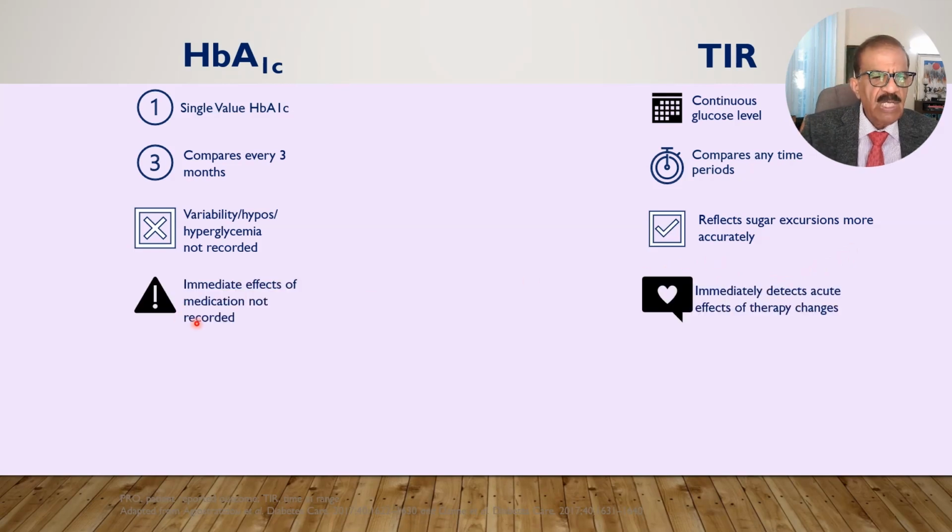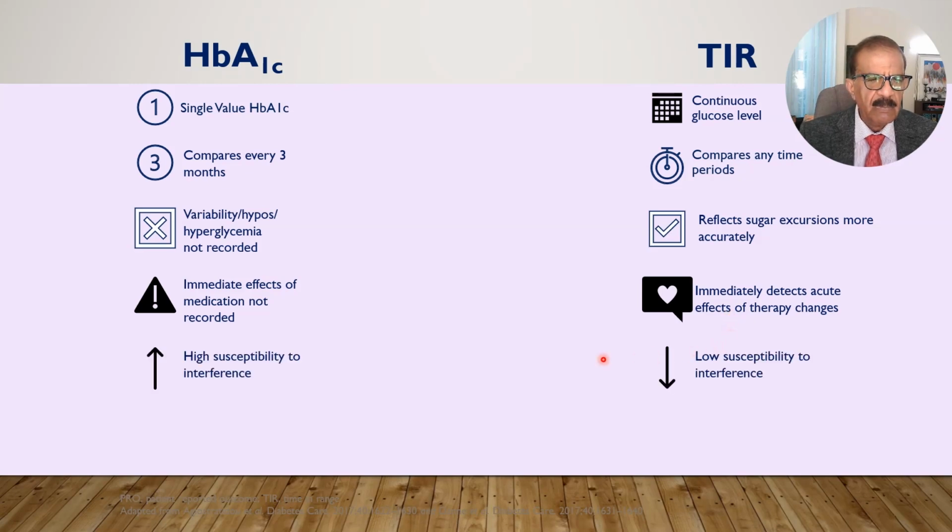The immediate effect of medication is not recorded by HbA1c. For example, somebody comes with a high A1c and you make some adjustment in the medication, and you would not know the effect until another 3 months. Whereas with TIR, you make some adjustment in the dosage of insulin or oral medication, and within days you will know that your values are getting better and the new treatment is better.